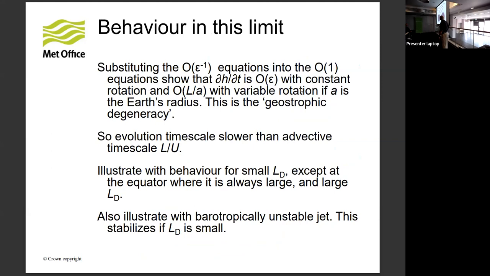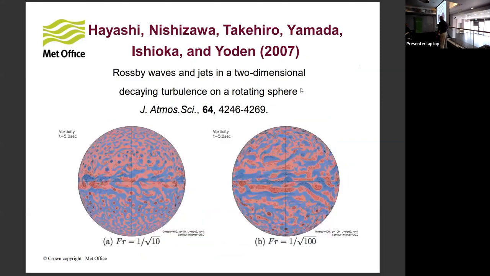Right, so now just to show what happens in this limit. There are two published examples showing how this limit works. Just to emphasize, the computations are all with full shallow water, not with any simplified version of it.